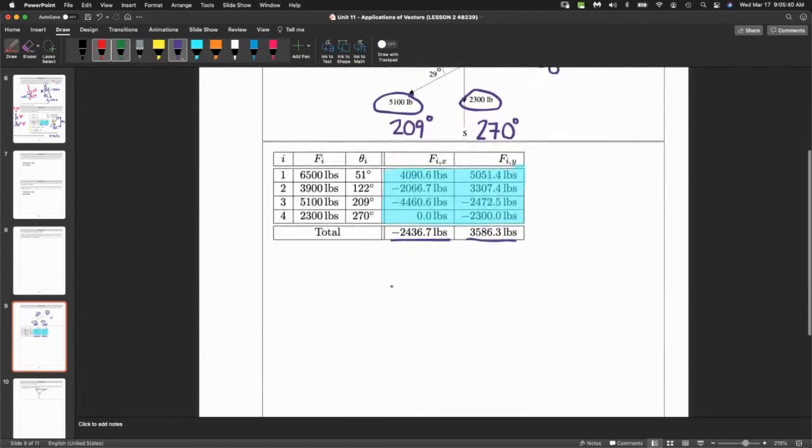So once you have those vector sums put together, you can draw a triangle. In this case, we're going west and we're going north. So this is 2436. And this is 3586. So we can put that together and draw a vector sum as so.